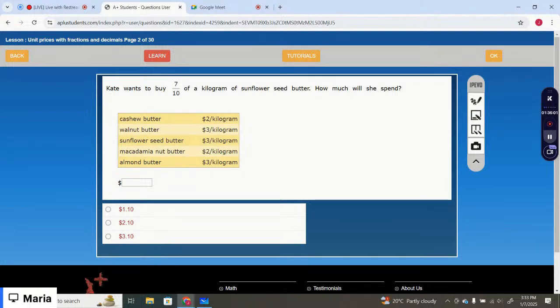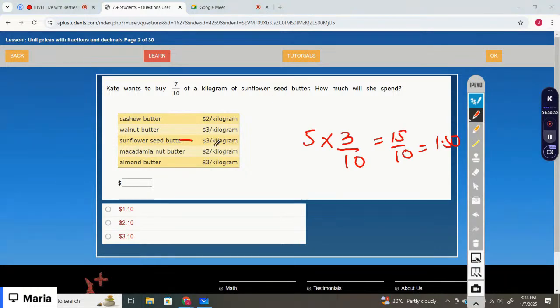Kate wants to buy 7/10 of a kilogram of sunflower seed butter. How much will she spend? Which is the correct option? The sunflower seed butter is $3 per kg.